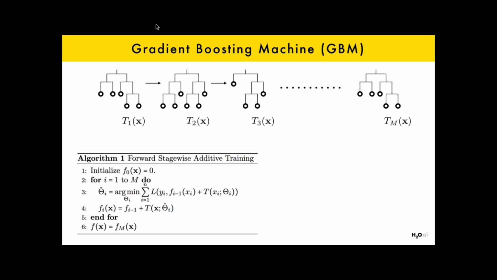Every given tree, let's say tree 3, depends on how you trained trees 1 and 2. In general, some function f_i depends on all the previous trees and the one that you want to train. So it is an inherently sequential algorithm: train one tree at a time.